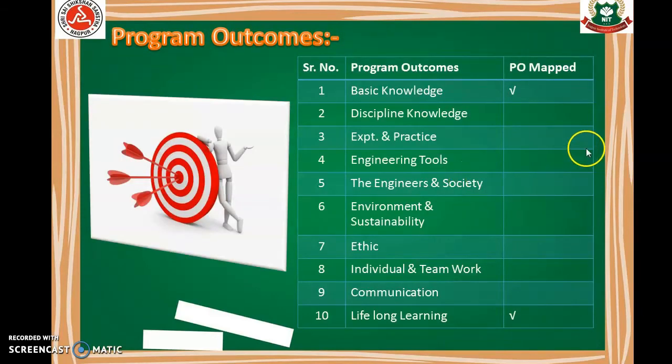Dear students, we have covered the following outcomes of the program: the basic knowledge of gyroscopic couple, and the second one is the lifelong learning outcome, that is, we have studied the gyroscopic effect which is used in a naval ship, and we will remember this throughout our life.